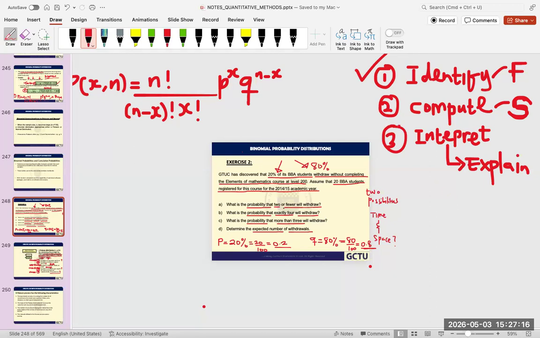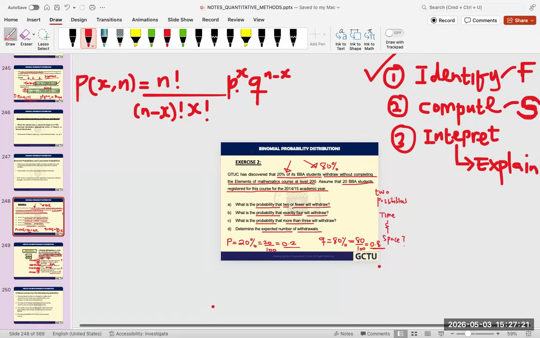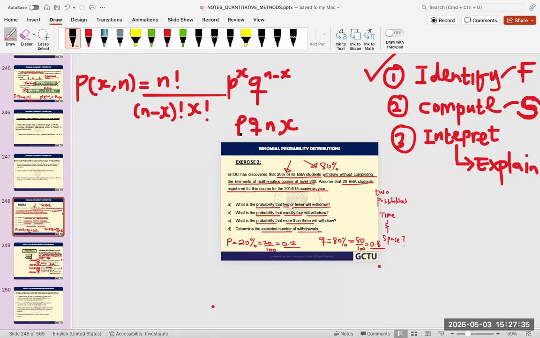We are now at stage 2. We need to compute this. How do we do that? We need 4 variables. We need P. We need Q. We need N. We need X. Fortunately, we have P. We have Q. All we need to look for is N and X. And then we'll be good to go.